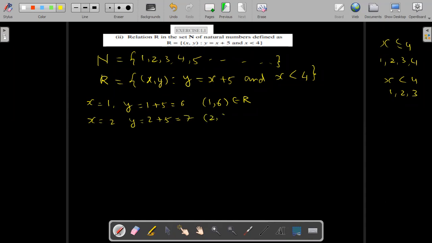So (2, 7), both are natural numbers, they will belong to N. Then x is equal to 3 gives y is equal to 3 plus 5, 8. So (3, 8). That's it only, because we have to take x less than 4.